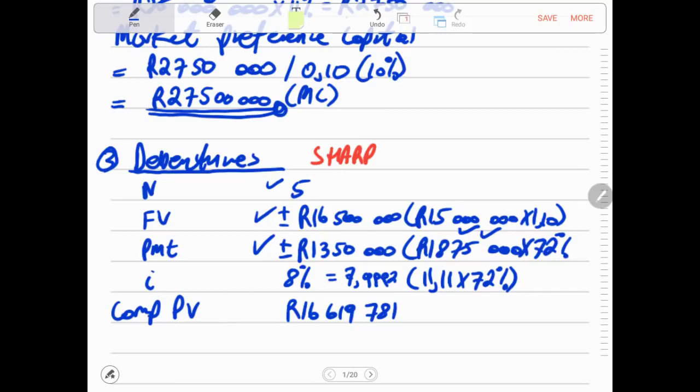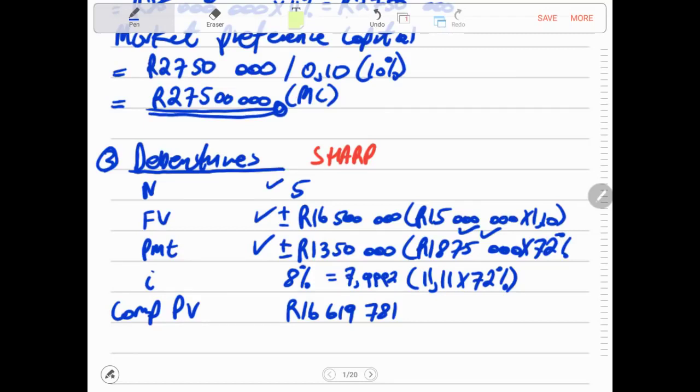Let me just recalculate that for those who are not sure. We have our N, which is 5, and our 8 is the interest. Then we have 16,500,000 rands, which is plus minus future value, and plus minus 1,350,000 rands, which is my PMT.